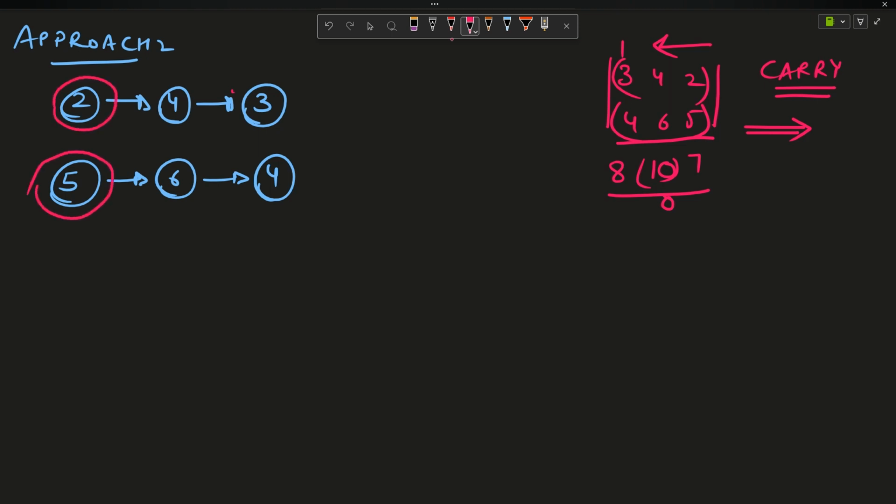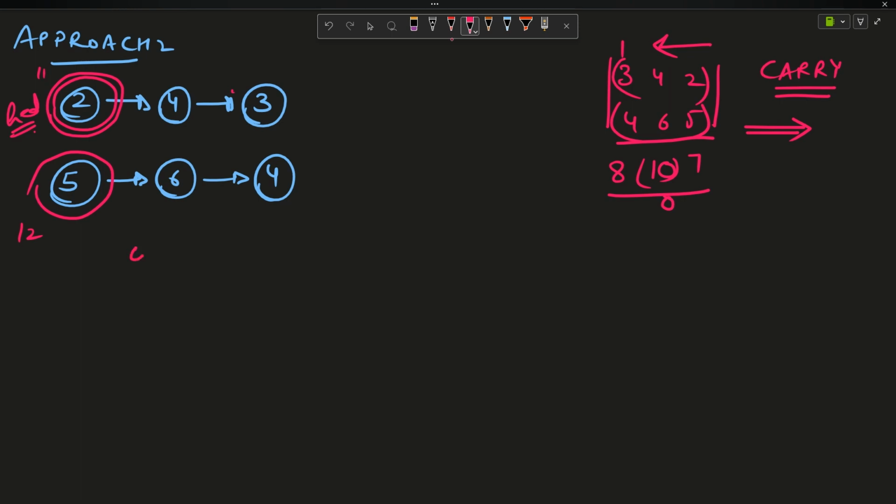Now what will I do? I will store the head of linked list 1. Suppose this is my linked list 1. This is my linked list 2. I will carry out all the additions in linked list 1 and mark it as head, right? 2 plus 4 plus 3 and 5 plus 6 plus 4.